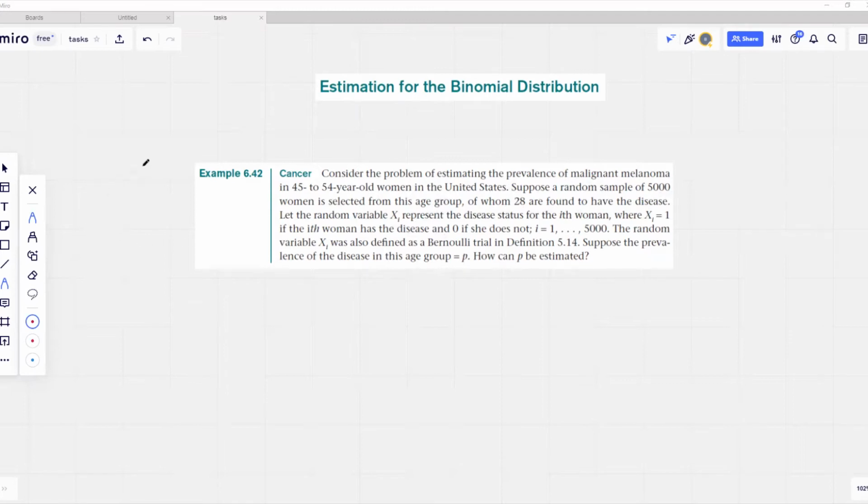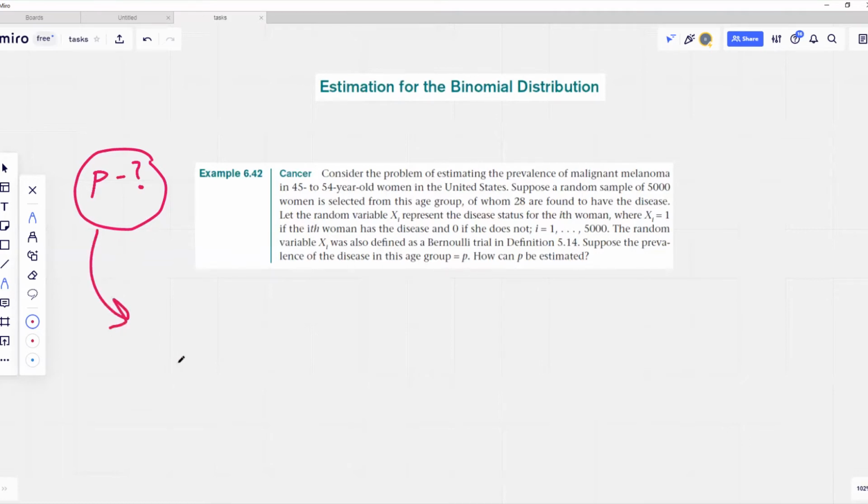So what's happening here is we have a population of this age group, with probability of success on each trial p. This parameter p is unknown. In our case, p is the probability that a randomly selected woman will have malignant melanoma.